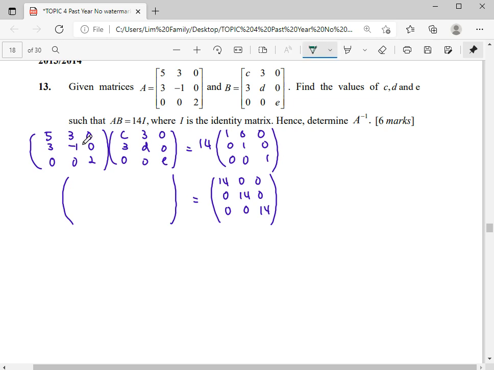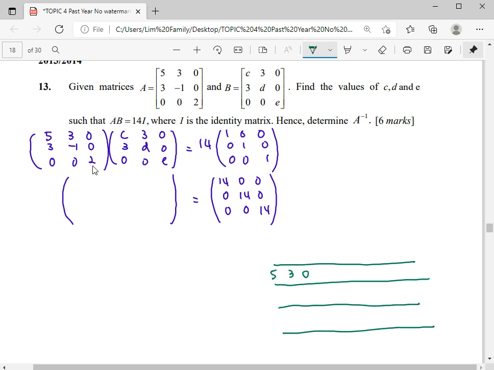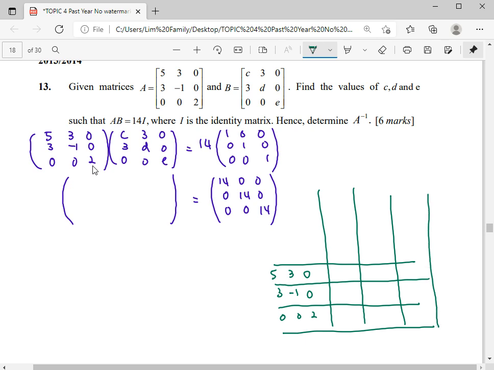The first matrix has 3 rows: 5 3 0 is the first row, 3 negative 1 0 is the second, then 0 0 2 is the last. The second matrix also has 3 columns: C 3 0, then 3 D 0, and then 0 0 E. Then we start our multiplication.